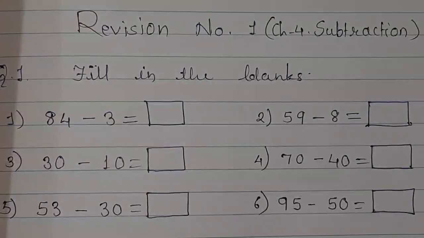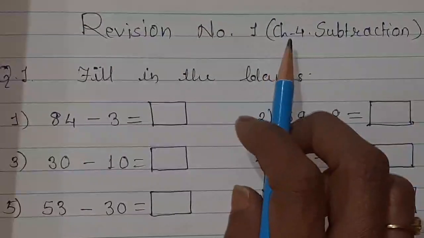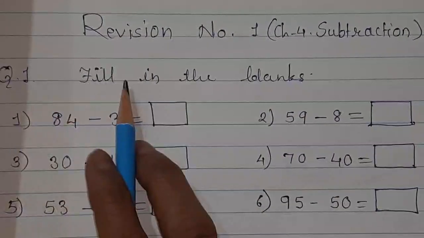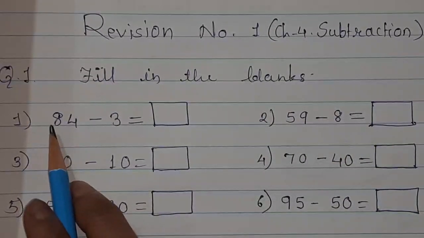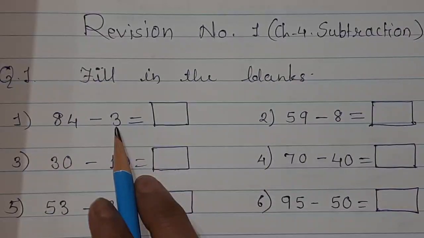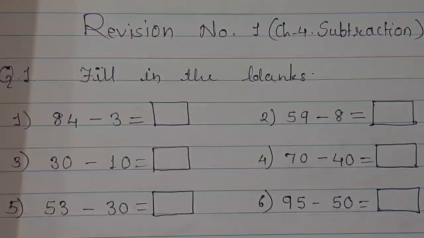Now we will start our revision. Today we are going to see revision number 1 from chapter 4, subtraction. Question number 1 is fill in the blanks. So now how we have learned backward counting like this way. If single number is there, we are doing backward counting and writing the answer. So 84 minus 3, what we are counting?